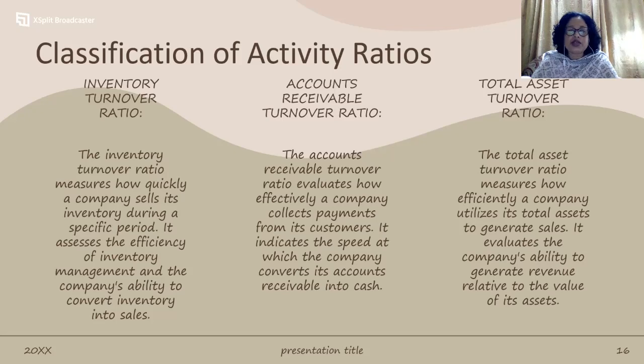So activity ratio includes the inventory turnover ratio, accounts receivable turnover ratio, and total asset turnover ratio. The inventory turnover ratio measures how quickly a company sells its inventory during a specific period. It assesses the efficiency of inventory management and the company's ability to convert inventory into sales.